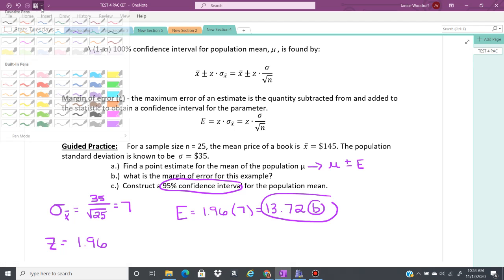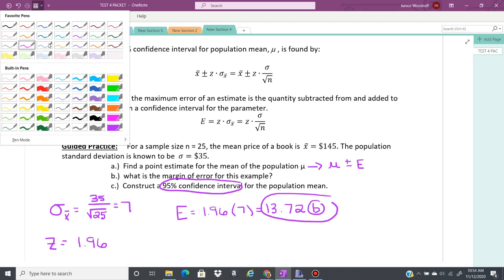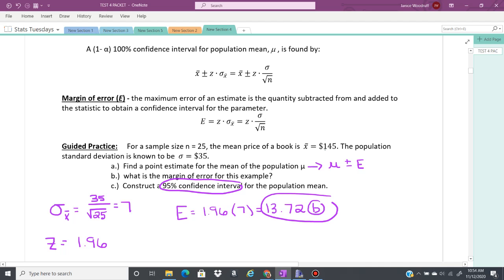Then our point estimate is going to be the mean, which is 145. So X bar is equal to the mean. So it's going to be 145 plus or minus 13.72.